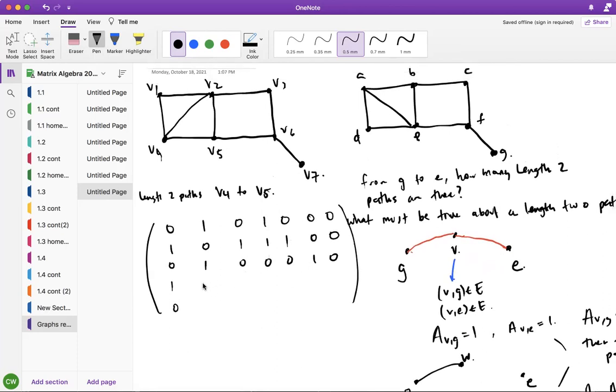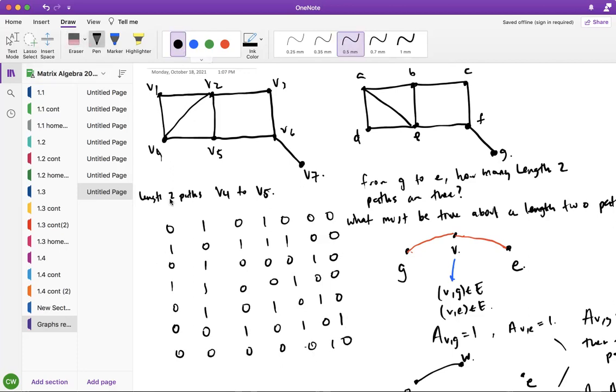So before V5, V6, and V7. Okay, so big adjacency matrix.